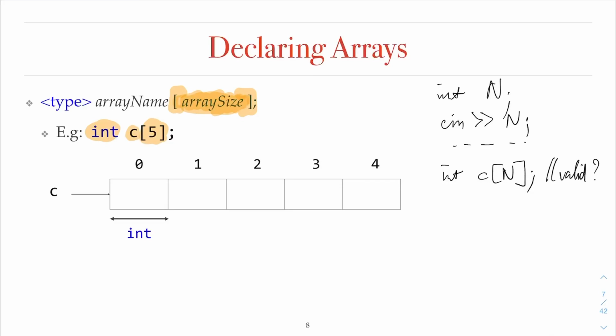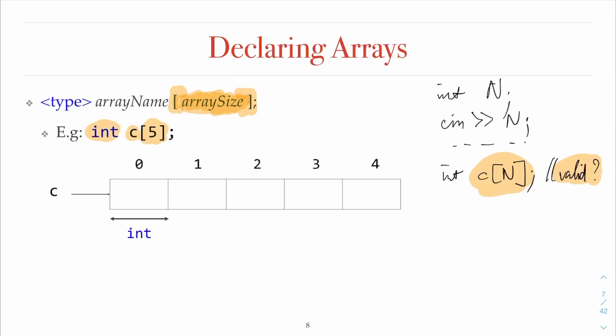That question is easy to answer, because as you know, our code will be compiled before running. In the compiling step, the compiler will try to allocate the size for this array.